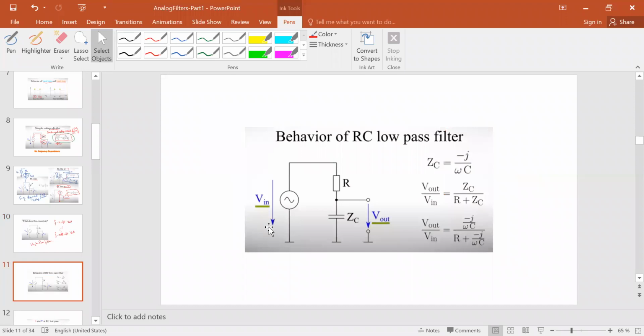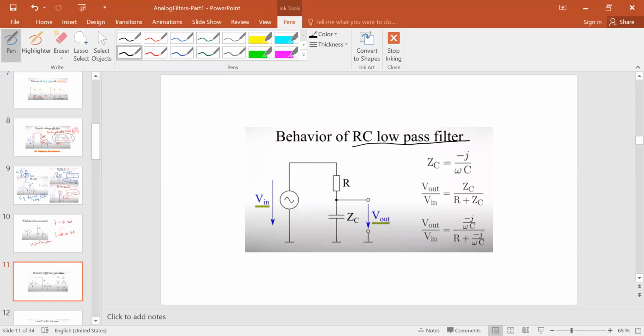Now, if we go back to our RC low pass filter, our ZC, which is the impedance of the capacitor, is equal to minus J over omega C. And now our V out will be equal to, according to the voltage divider rule, ZC, the impedance across the capacitor, divided by the total impedance, which is R plus ZC.